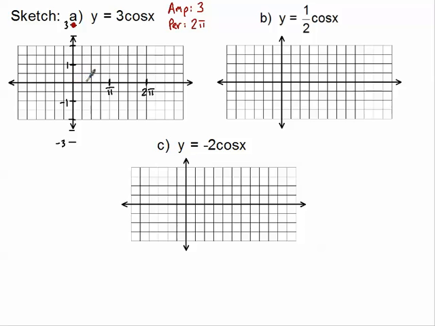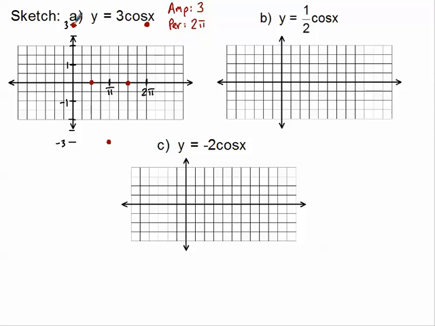And then we go 2 tick marks over, and then we're at 0. And then we go 2 tick marks over, and then normally we'd be down -1, but this time we're all the way down -3. And then 2 tick marks over, and we're at 0. And then 2 tick marks over, and again, we normally would be at the 1, but in this case, we're all the way up at the 3.